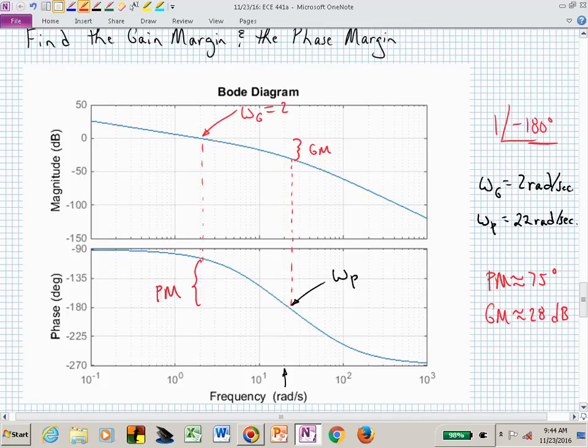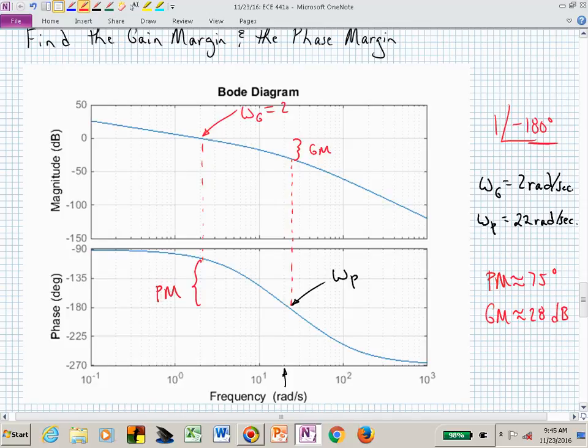Phase lead increases our phase, and the more that we slide that magnitude curve to a lower frequency, the slower our system becomes. That 0 crossover frequency on our magnitude sort of is an indicator of how fast our system is responding or capable of responding.